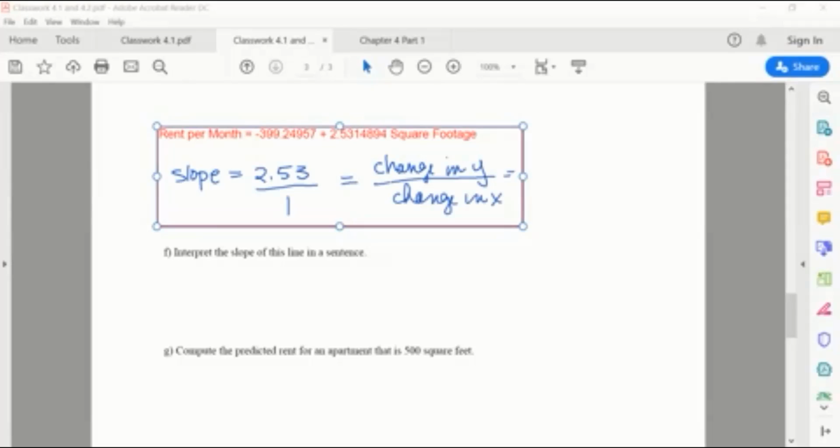And y is my rent, so it's change in rent, that's an R, over change in square feet.